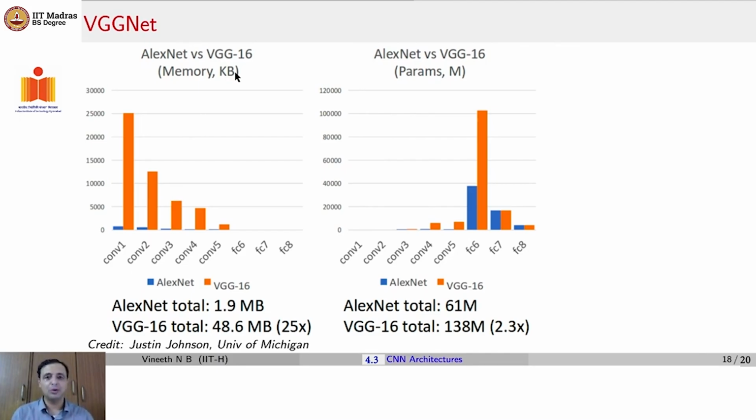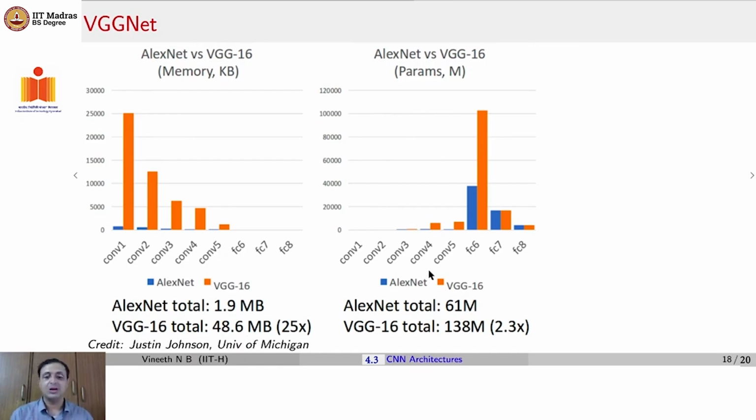Remember again, when we say number of neurons, we mean the size of the feature maps, because every pixel in every feature map is a neuron for us in a CNN. So you can work this out carefully and find that AlexNet has a total of 1.9 MB versus VGG 16, which has 48.6 MB memory.